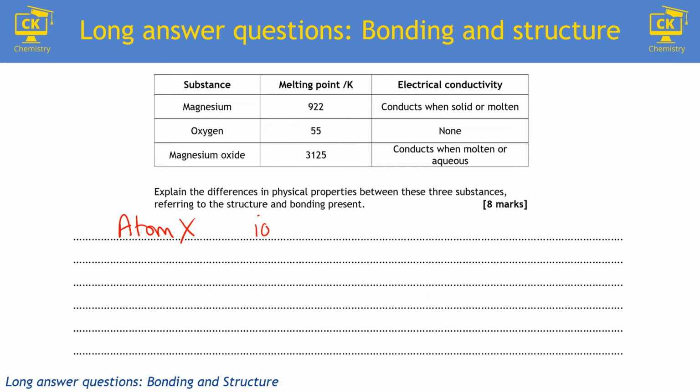They are either ions or they are molecules. So magnesium, cations surrounded by electrons, oxygen, O2 molecules, magnesium oxide, ions held within a lattice. There are no atoms anywhere. So if you use the word atoms, you can often lose that mark.